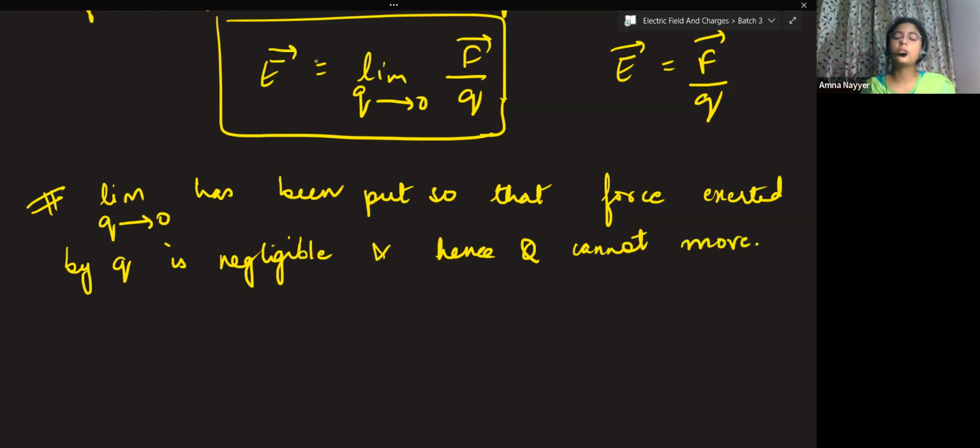Capital Q cannot move because this is our source charge and we want it to remain stationary. We don't want the source charge to move. That's why we have written limit tends to 0.